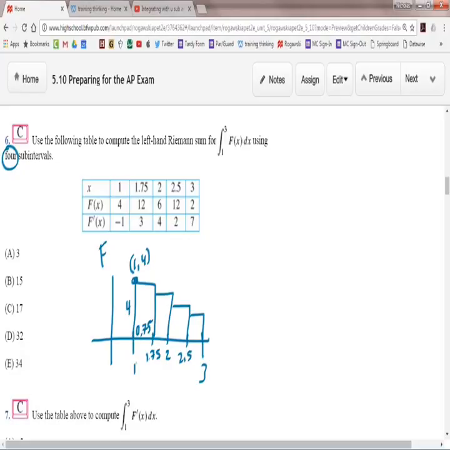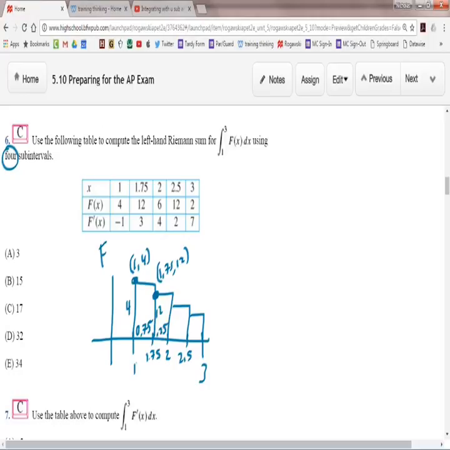And then for the next one, for the left side of our next rectangle, that point is 1.75 and the height is 12. So this would be 12 right here, and 0.25 would be the width between 1.75 and 2.